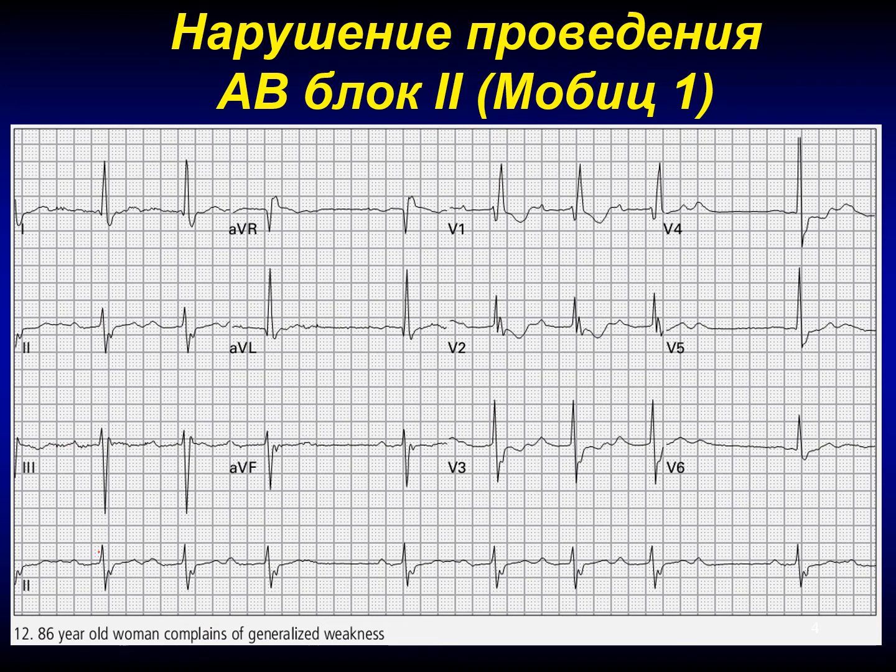Then a P wave without QRS complex. Then PQ interval, prolongation, prolongation, then P without QRS complex. That's called Mobitz 1 AV blockage second degree.